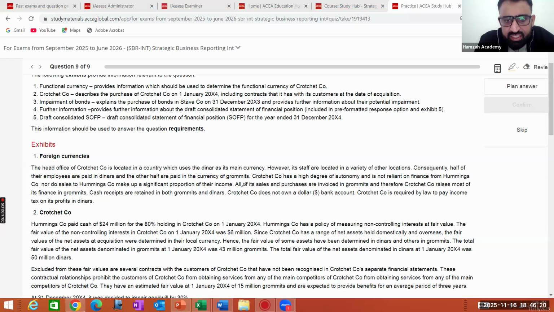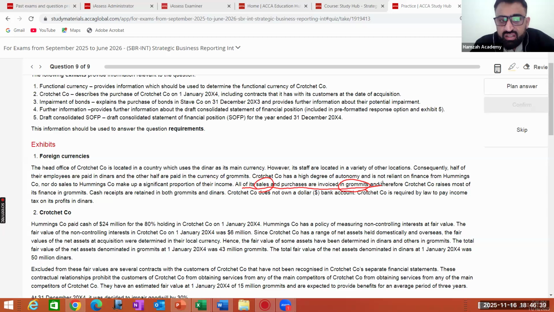However, as far as the sale and purchase invoices are concerned, especially the sale invoice is always in grommets. So sale is recorded, invoice is generated in grommets.